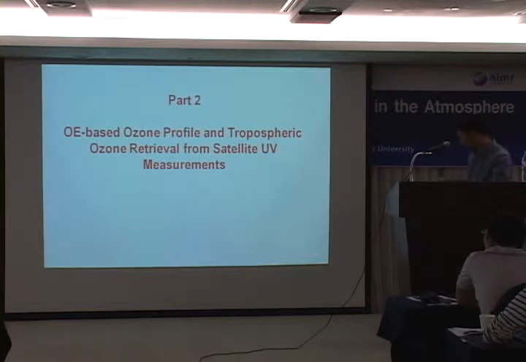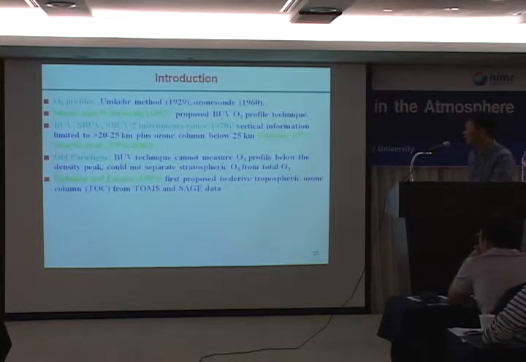Let me talk about the second part, about the optimal estimation on profile retrieval from the UV measurements. Just give a little bit of background about that. The measurement of the ozone profile started in 1929 using the remote sensing Umkehr approach, and also ozonesondes in the 1960s.